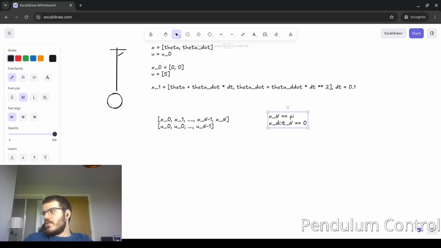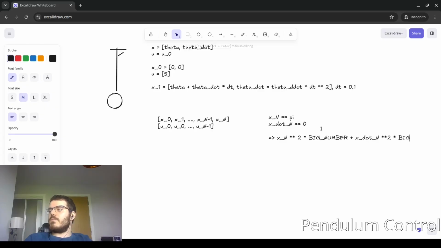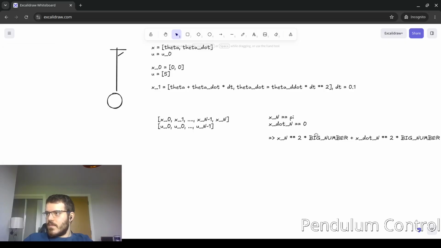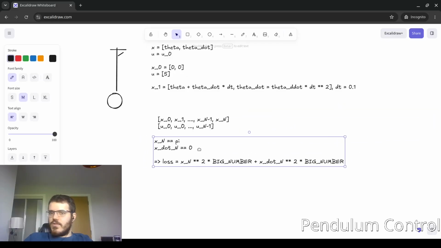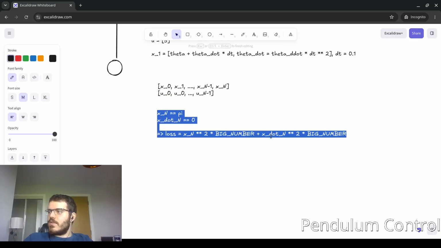Therefore, I'm going to take this, square it and multiply it by a big number, and then take this, square that, and multiply it by the same big number because I want both of these to happen. I'm going to make that our loss. This is my loss, and this is not a very efficient way of doing this, but that's what we're doing.